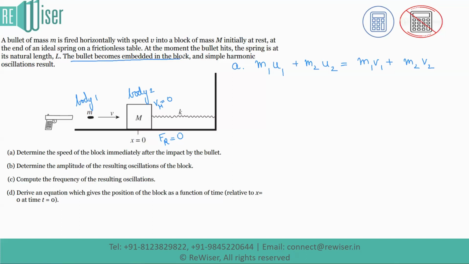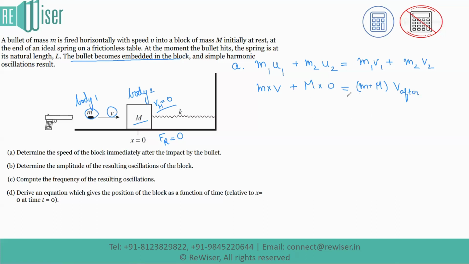Now, in the question, they have told that the bodies collide and the bullet gets embedded, which means both the masses combine to form a single mass. So my substitutions are as such: m into v as given here plus capital M into 0 as given here is equal to the combined masses m plus capital M into V dash, or V after.